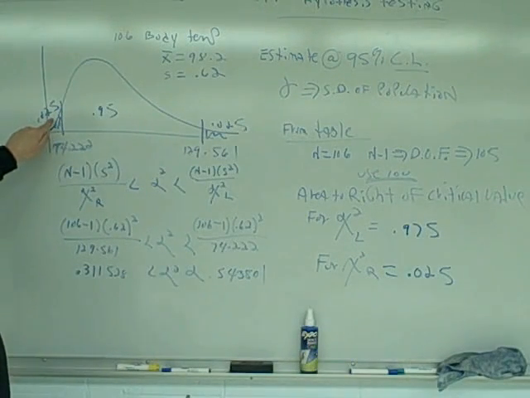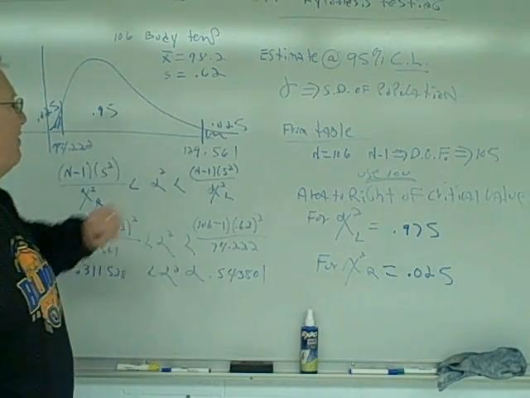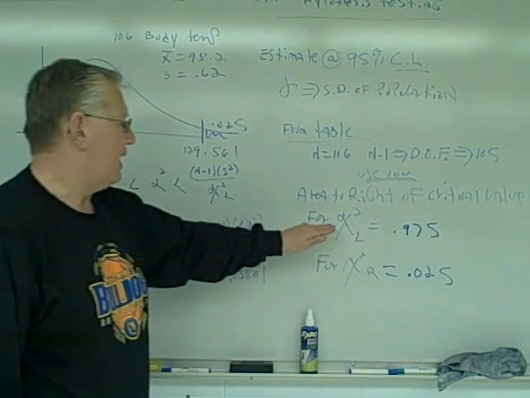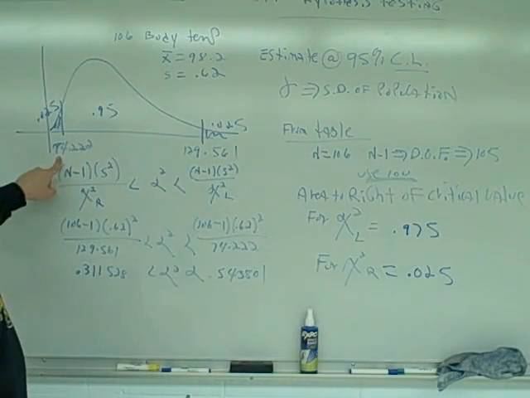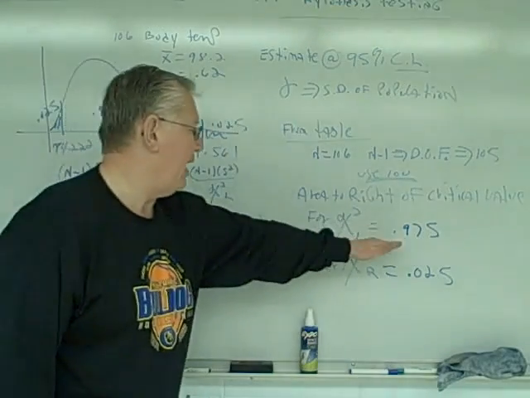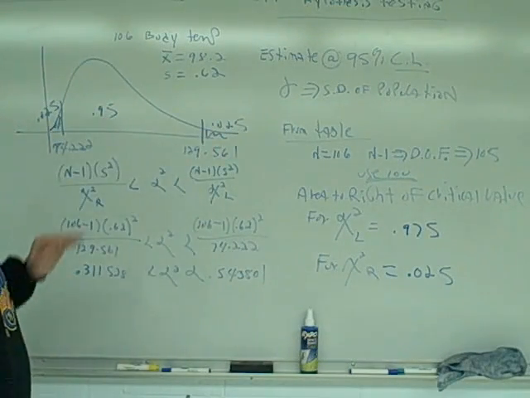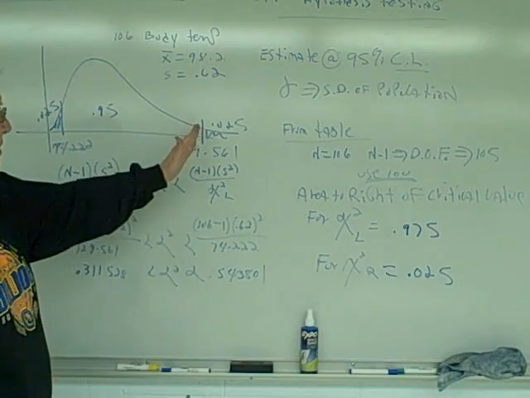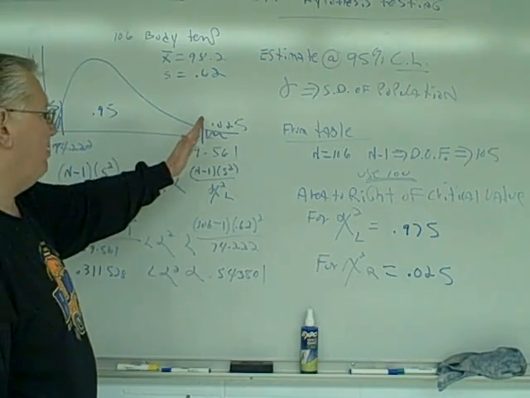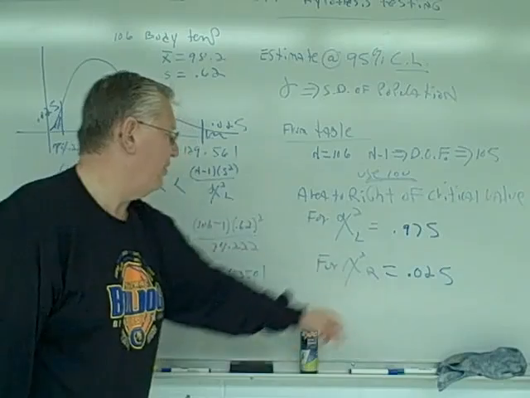So there's 0.025 out here, 0.025 out there. For chi-squared left, the table asks for the area to the right, so it's going to be 0.975, 0.95 plus 0.025. For chi-squared right, the area to the right of that is going to be 0.025.